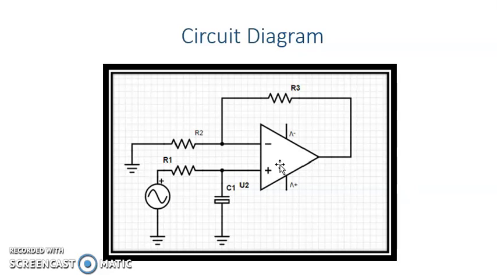This op amp is in particular used in its non-inverting mode, that is input is applied at its positive input terminal. So the expression for gain of this op amp is 1 plus R3 over R2. However, the cutoff frequency will be dependent upon only R1 and C1, that is Fc will be equal to 1 over 2 pi R1 C1.